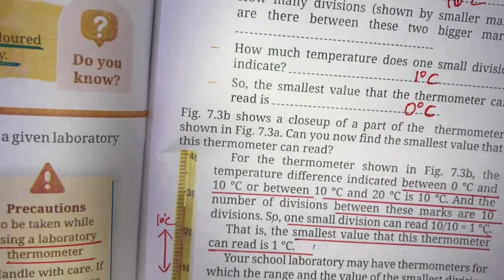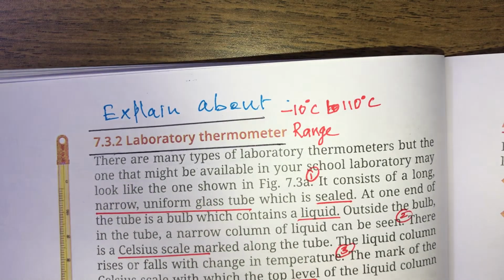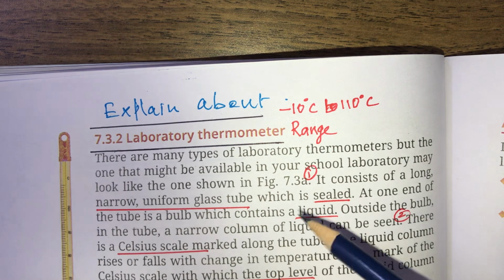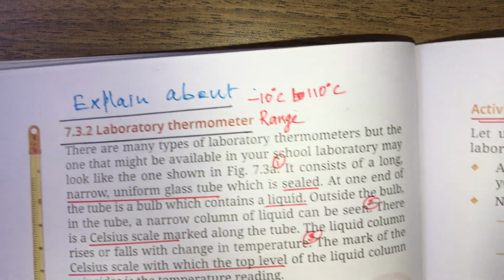So measuring with a thermometer is the correct way. A laboratory thermometer covers the temperature range between minus 10 degrees Celsius and 120 degrees Celsius.